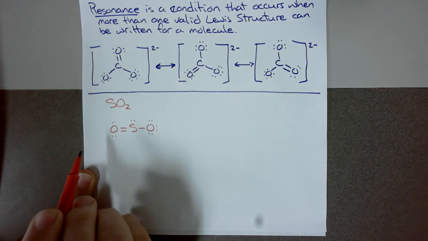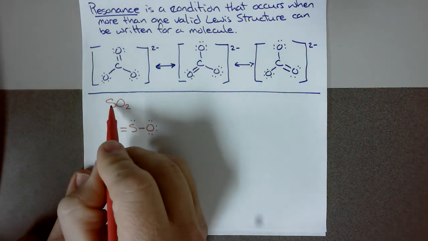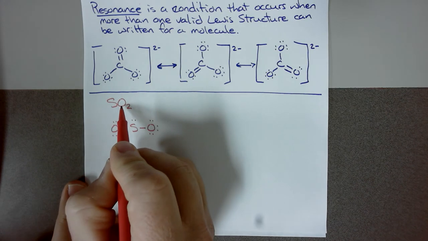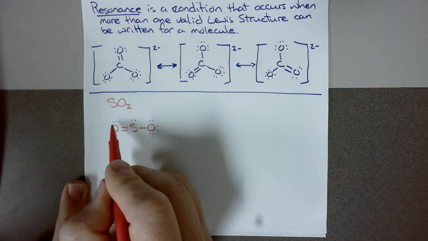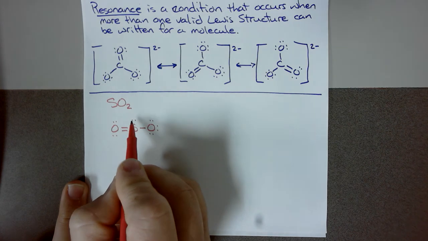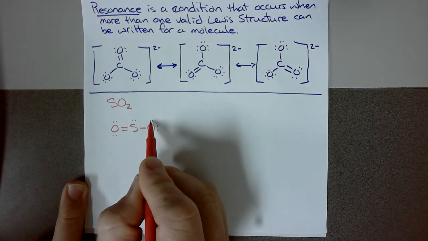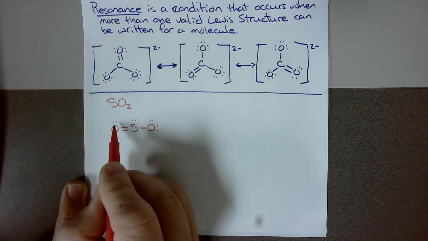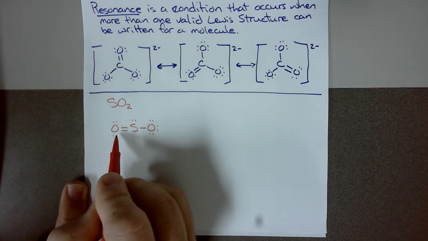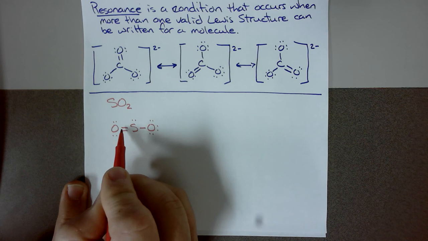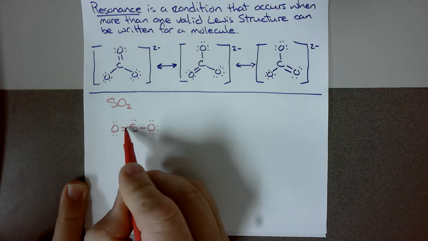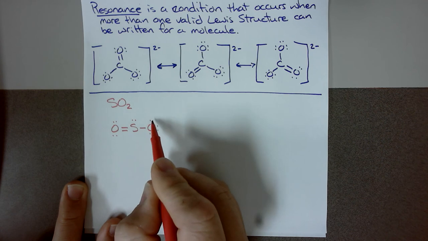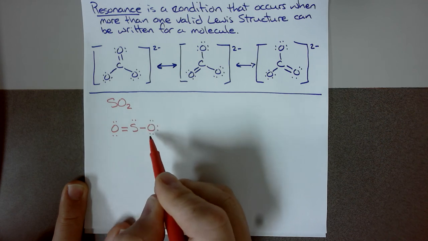And just to make sure that this is correct, the sulfur has 6 electrons and each oxygen has 6 valence electrons, so that's 18 total. So I have 2, 4, 6, 8, 10, 12, 14, 16, 18 electrons, and I got 2, 4, 6, 8 for this oxygen, 2, 4, 6, 8 for the sulfur, and 2, 4, 6, 8 for this oxygen.